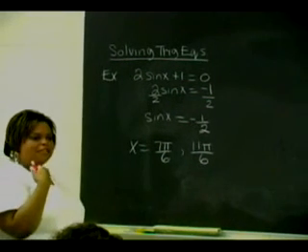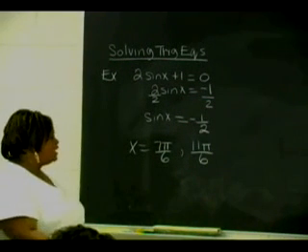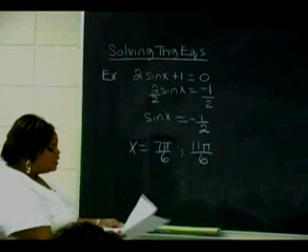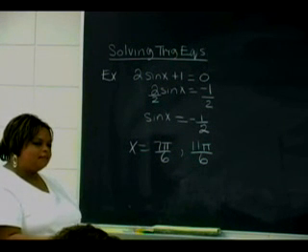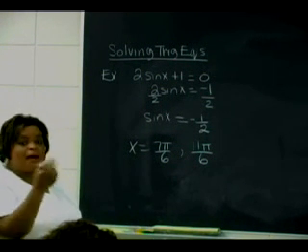How do I get any value of x that has sine value negative 1/2? Well, I need to go back to the period. What's the period of sine? Just plain old sine x. 2 pi, right?